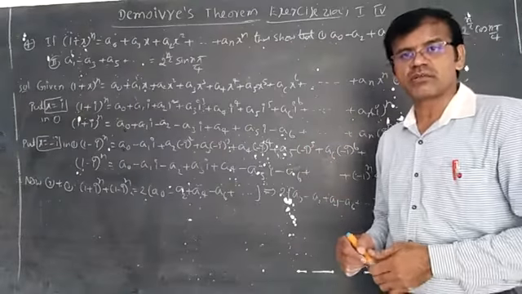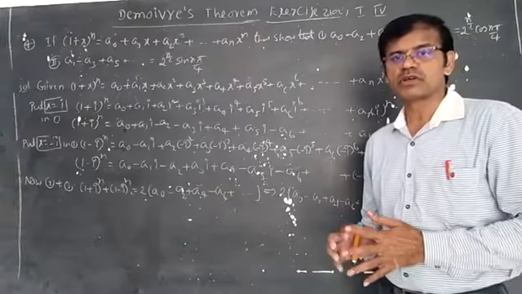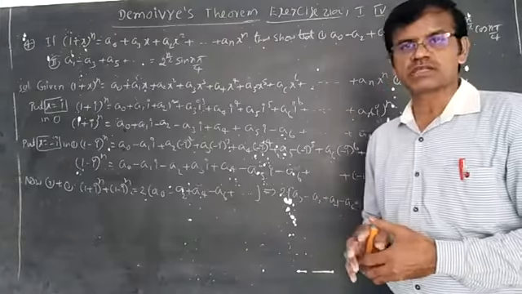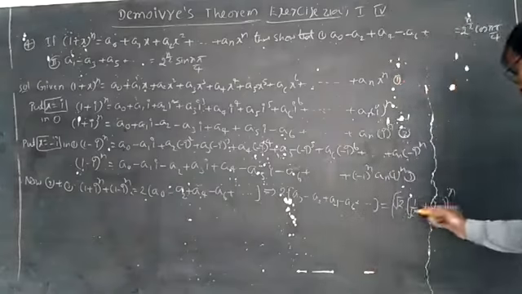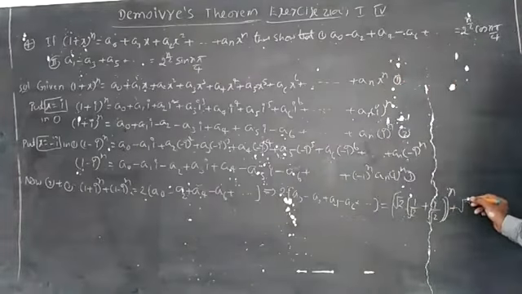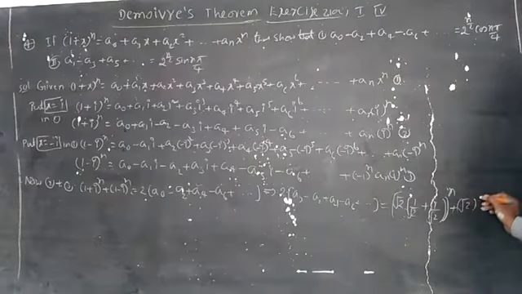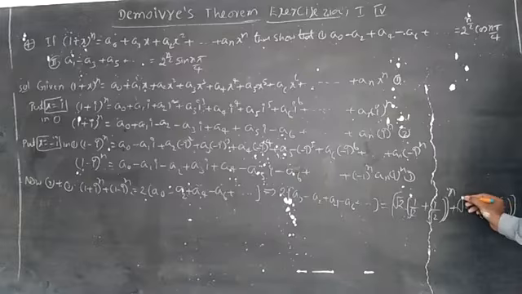It is nothing but the modulus amplitude form, or polar form, which is r into (cos theta plus i sin theta). So it is root 2 into (1 by root 2 minus i by root 2) whole power n.